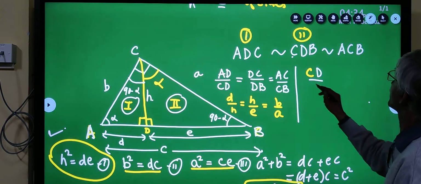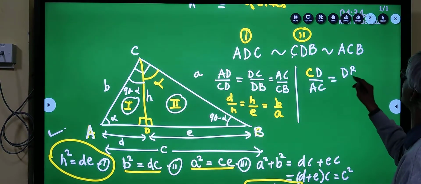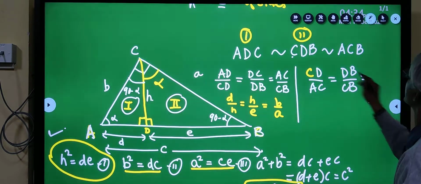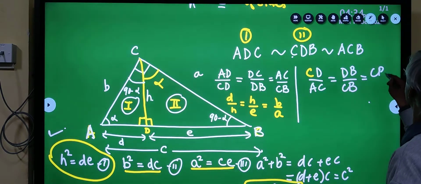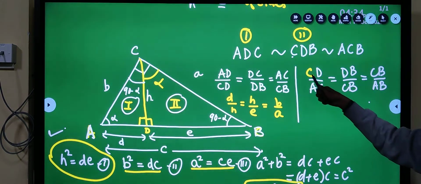CD divided by AC is equal to DB divided by CB is equal to CB divided by AB. Now let me substitute.